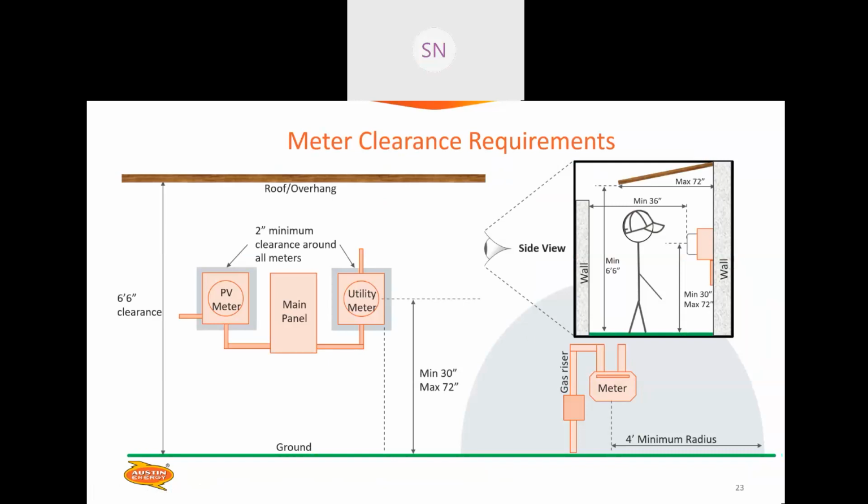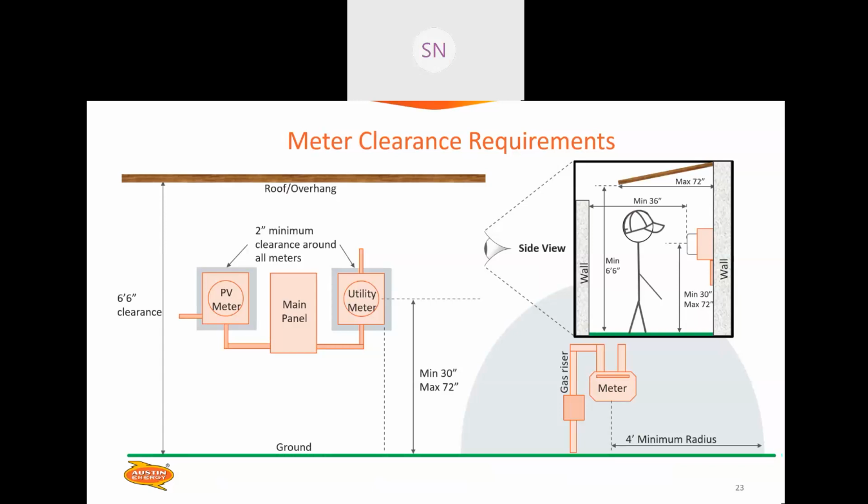Another note on this diagram is that the radius around the gas meter includes the third dimension as well. Of course I couldn't display a full bubble, but if you are placing your meter on an opposite wall from the gas meter, you also need to be 4 feet away. Again, that's because of fire hazards, I assume.